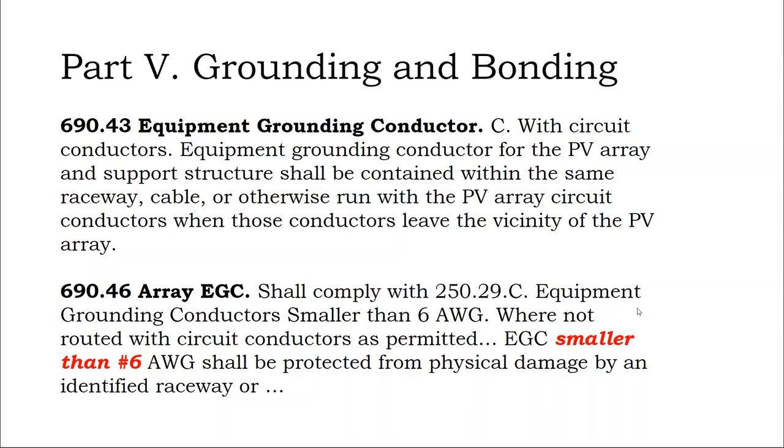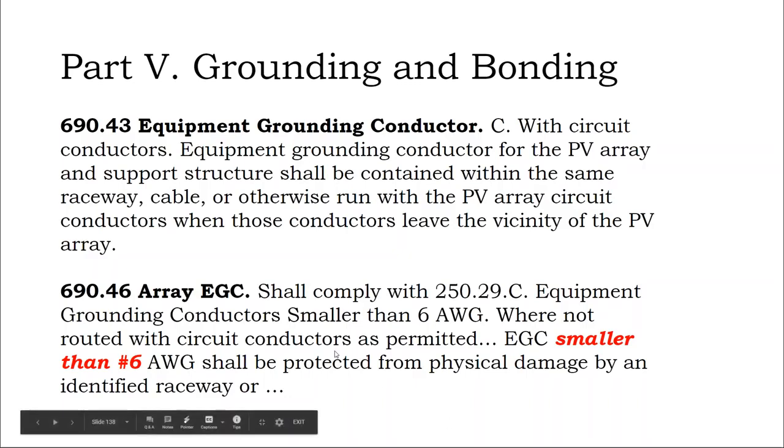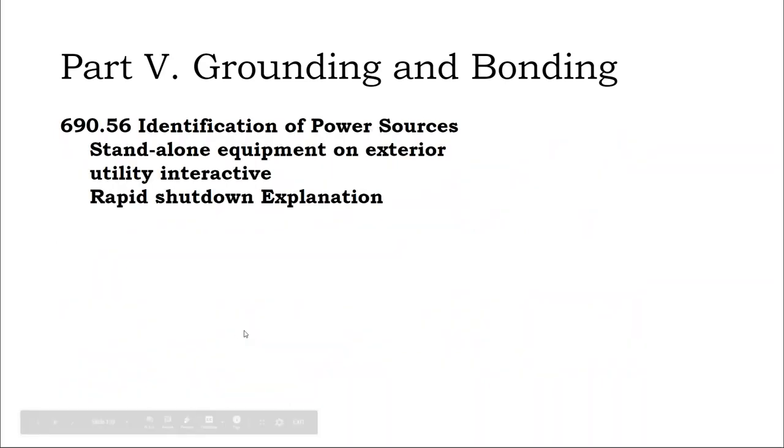So this is where we talked about how installers will just run a number 6 bare ground up to the rooftop and land it on the racking and call it a day. If it's smaller than number 6, then it needs to be physically protected. That's where I usually use a number 8 that's wrapped into the MC cable.